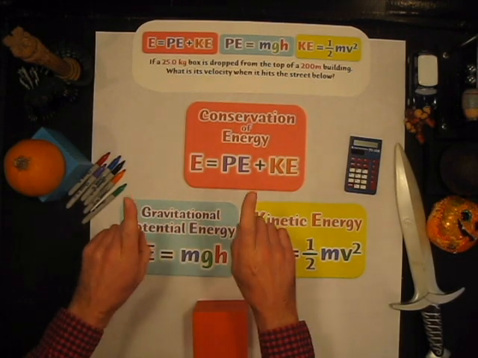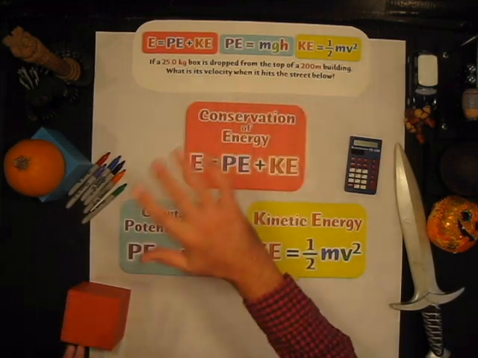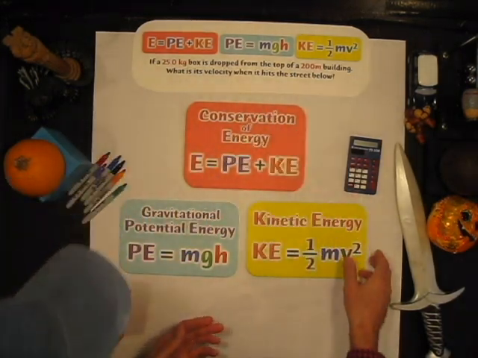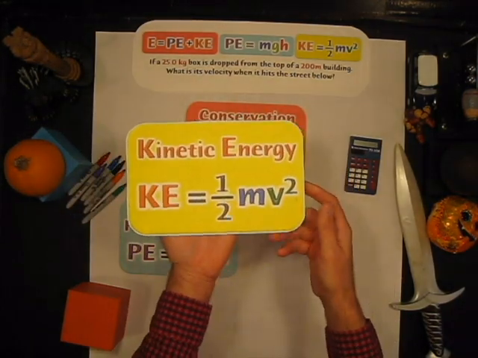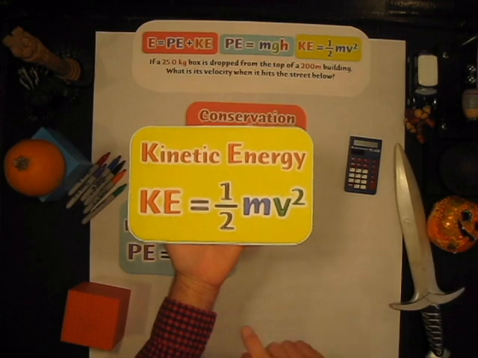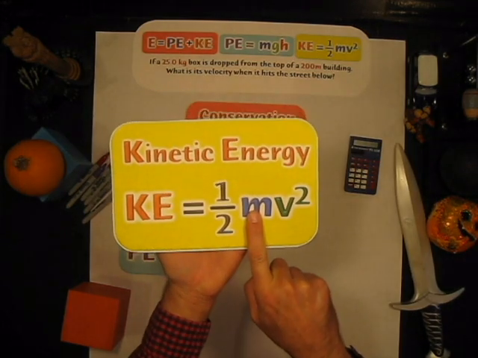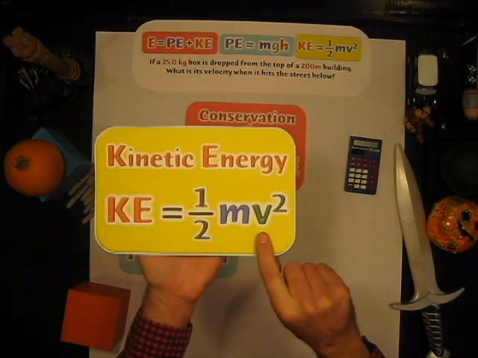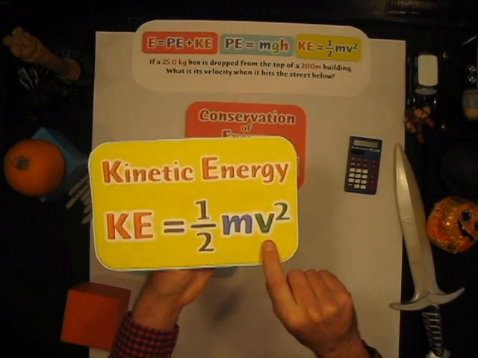But there's one thing I've got to mention here that I've been playing a little fast and loose with up until now. And that is, kinetic energy cannot really be negative. Why not? Because mass is always positive, right? Well, but then you say, can't velocity be positive or negative?